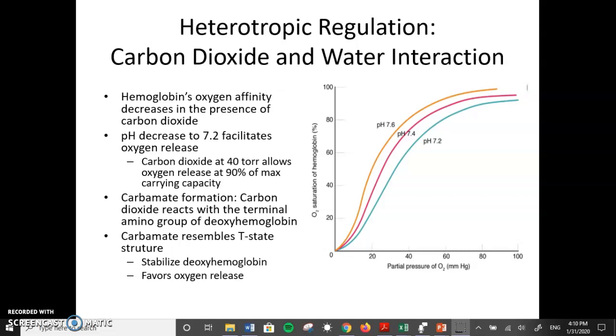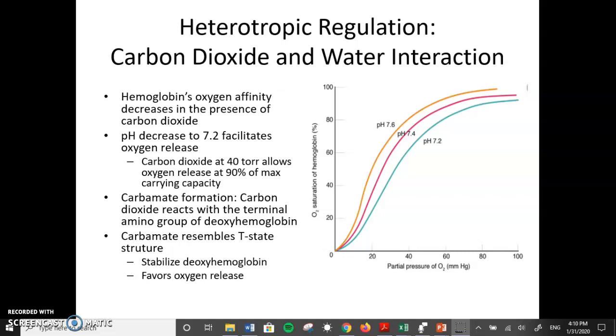If they have a lot of CO2 in them, the body's going to want to oxygenate them for proper functioning. So one way this occurs is that the carbon dioxide reacts with the terminal amino group of the deoxyhemoglobin and creates carbamate. Carbamate is negatively charged, and this stabilizes the deoxyhemoglobin and actually favors oxygen release.